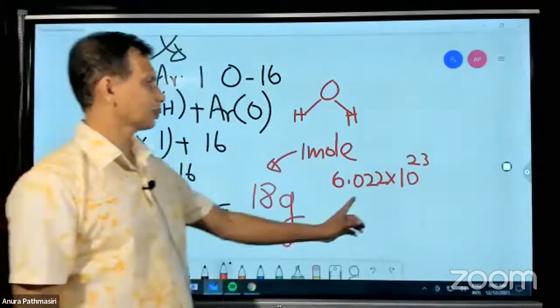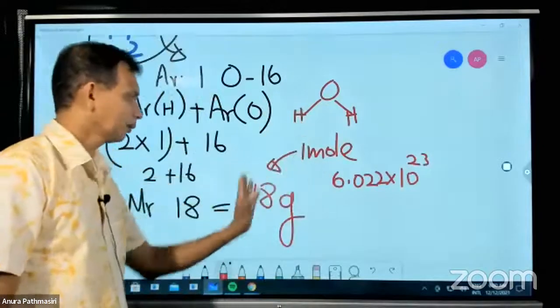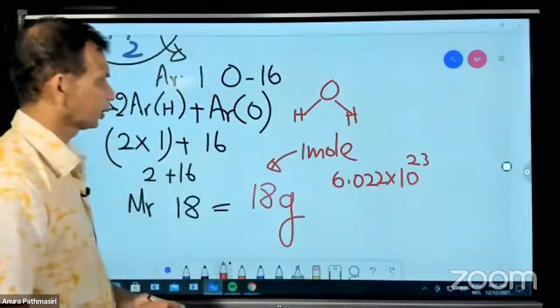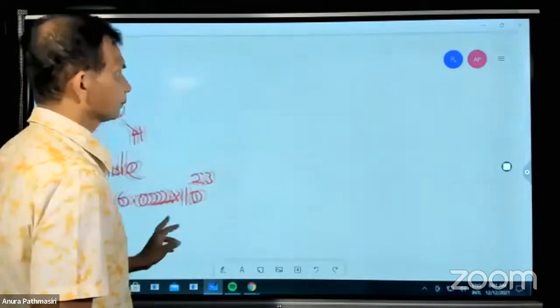Right, 6.022 times 10 to the power 23 තියෙනවා, 18 gram of water.